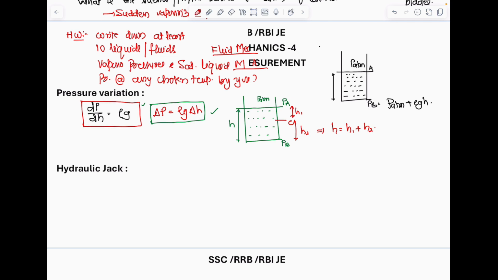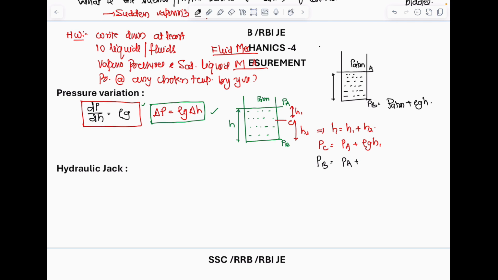What is the pressure at C? PA plus rho G H1. What is the pressure at B?